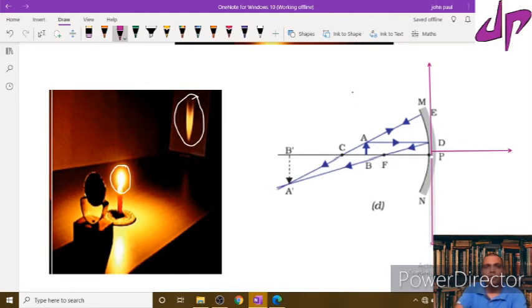Everything we need to do with the help of the Cartesian sign convention. So this is the negative x-axis, this is the positive x-axis, this is the positive y-axis, and this is the negative y-axis. Now my formula is magnification m equal to image height by object height.